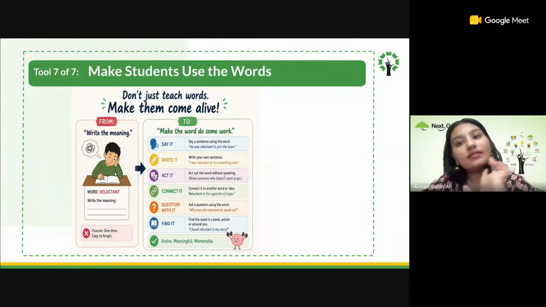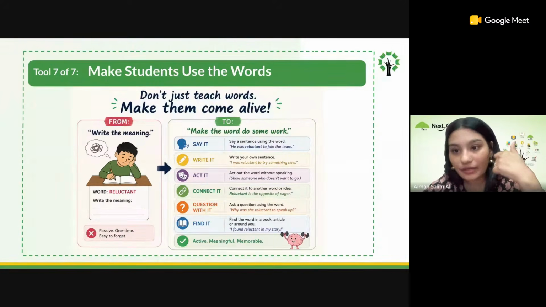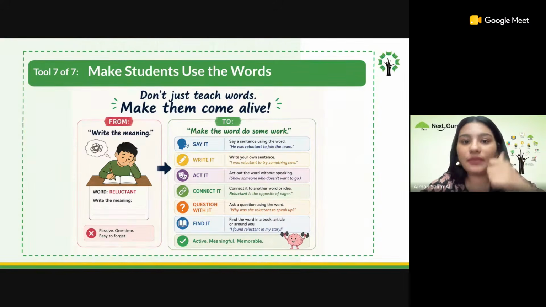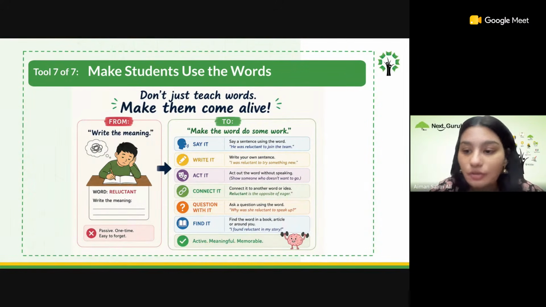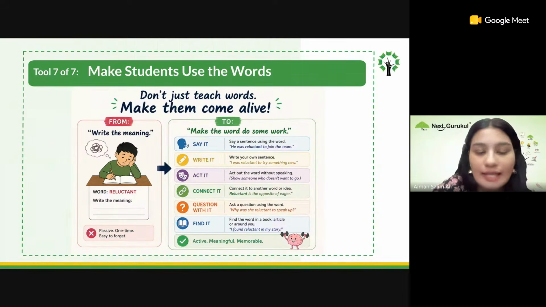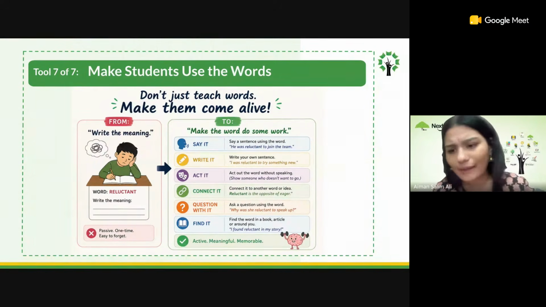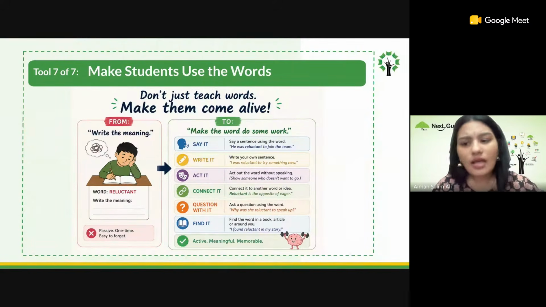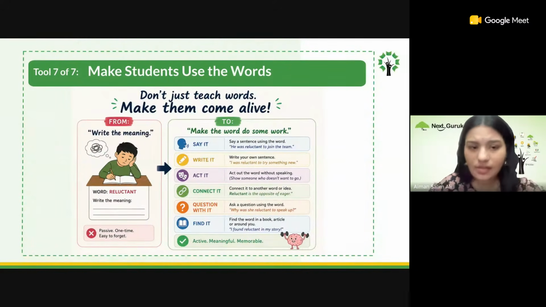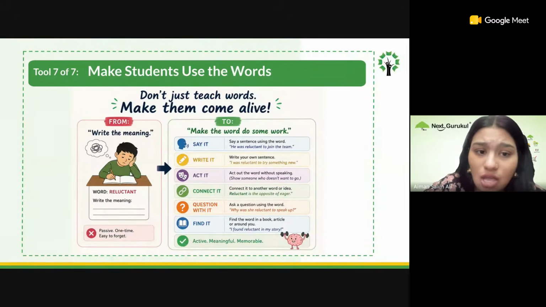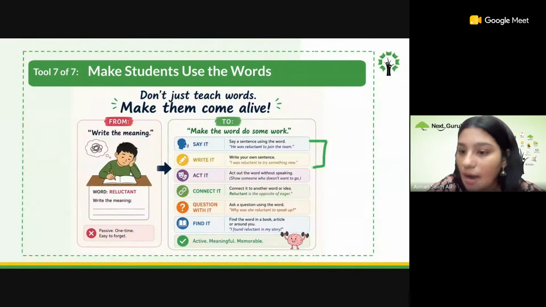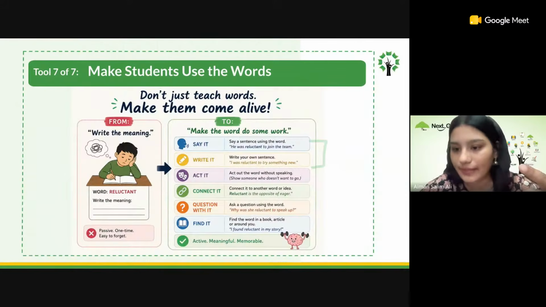Now, I do understand that this can be very similar to the previous strategy that we did, but something you can do differently here is, we have different rigor of students in our classroom. There are some students who are very good with vocabulary, very good with spellings, and there are some students who are not good with spellings. For students who are not good with spellings, you can use the first two parts to practice with them.